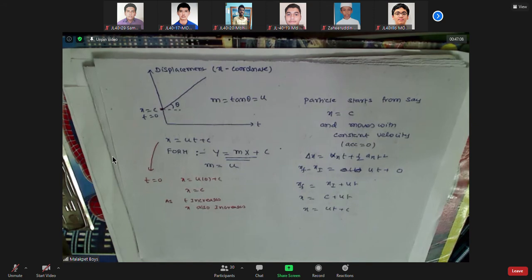Note on that. If the power of the variables is 1, then its graph will be a straight line.